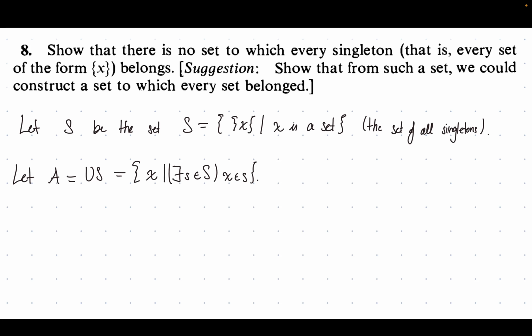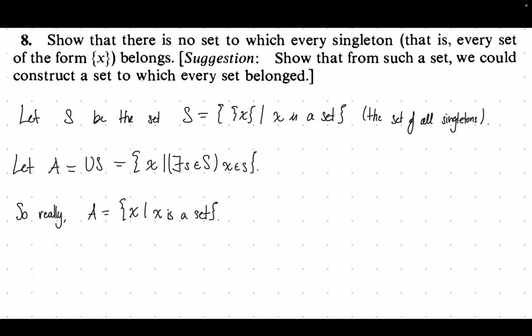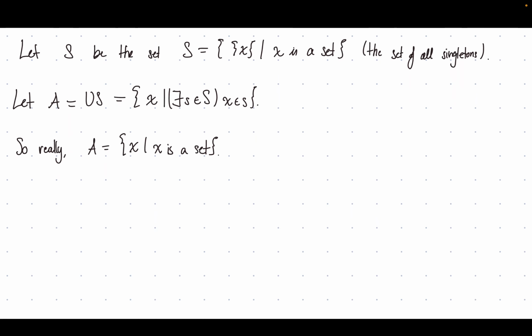So really what we're saying, A is going to be equal to the set of X such that X is a set. Again, the contradiction is not quite apparent. But if A really is the set of all sets, if it is a set containing every set, then it must contain this particular set.